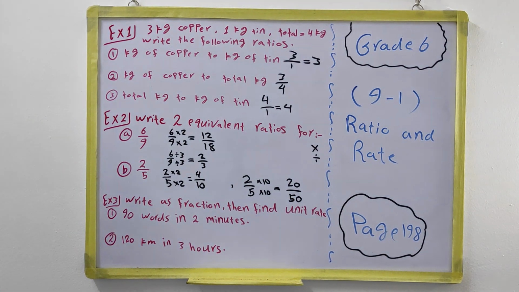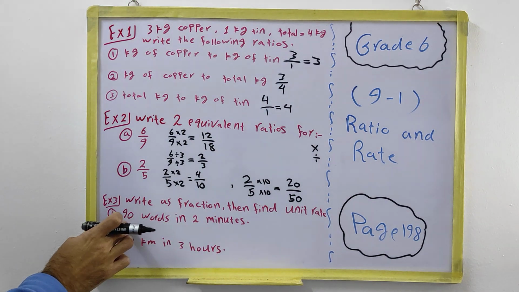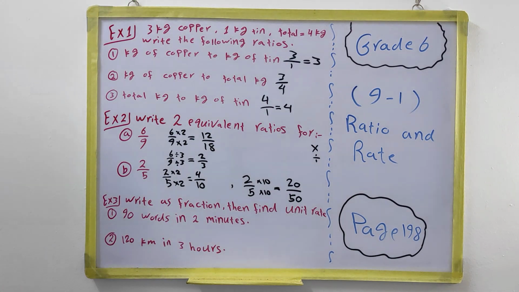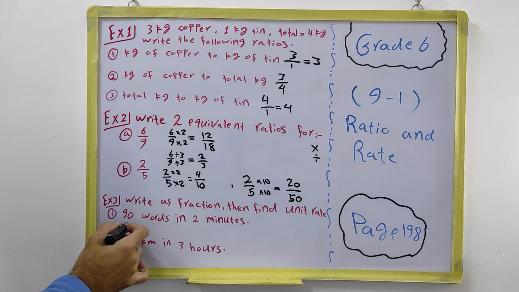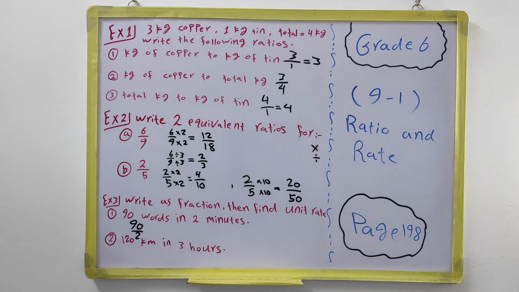In example 3, we write as a fraction and then find the unit rate. For example, you can write 90 words in 2 minutes. What's the unit rate? Unit rate means, first, let's write it as a fraction: 90 over 2.